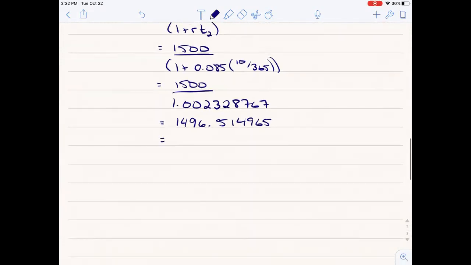In money, P2, oops, P2 is 1,496.51. All right. So instead of paying back $1,500, if I pay it back 10 days early, then I only have to pay $1,496.51.